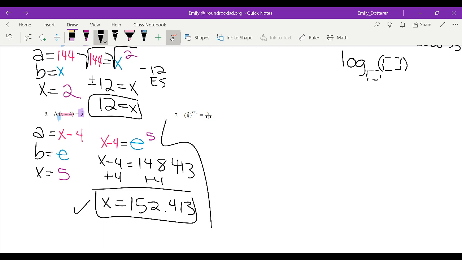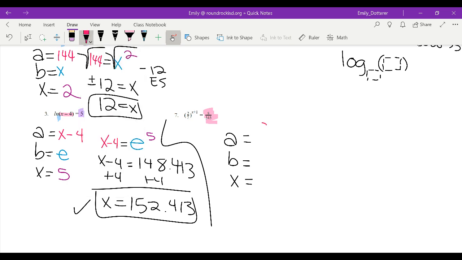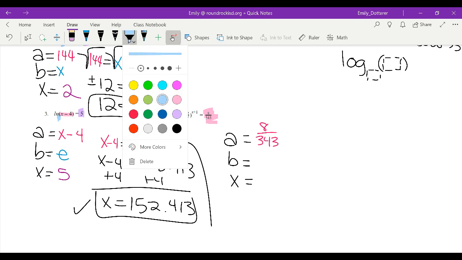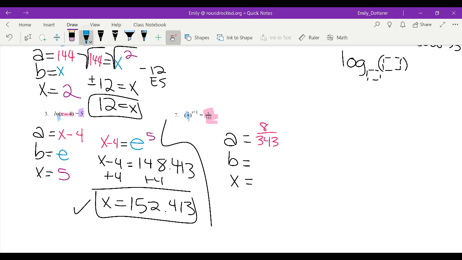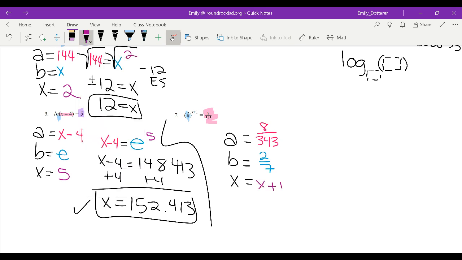All right, number 7. Might look a little wonky, but it's not any different. A is 8 over 343. B is 2 over 7. And x is x plus 1.